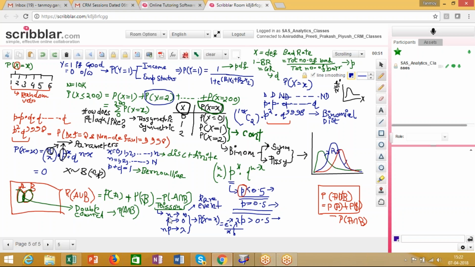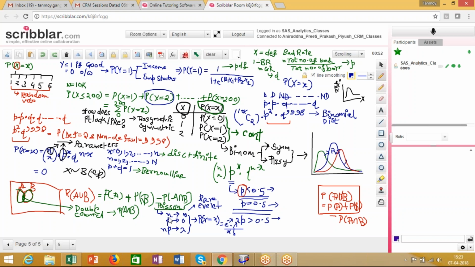On the other hand, next is the binomial distribution, which has n number of trials, and each of the trials has success and failure, each with a probability of success and a probability of failure.